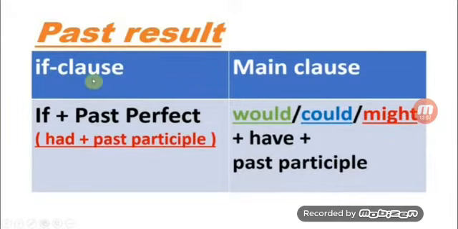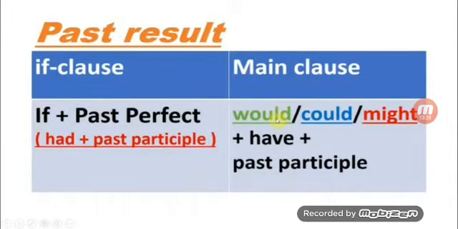The first action is with if and the clause: if plus past perfect. If plus past perfect means we are going to write had plus the past participle of the verb. The second clause is the main clause.